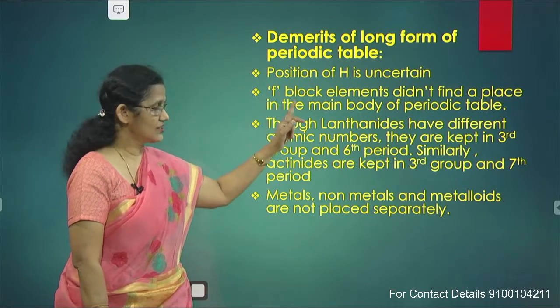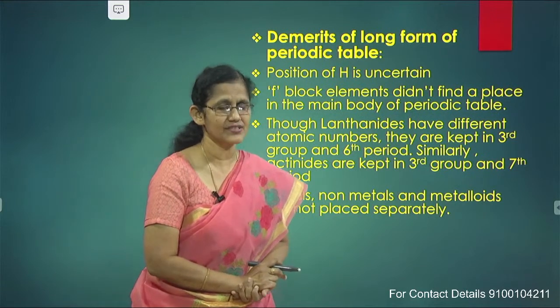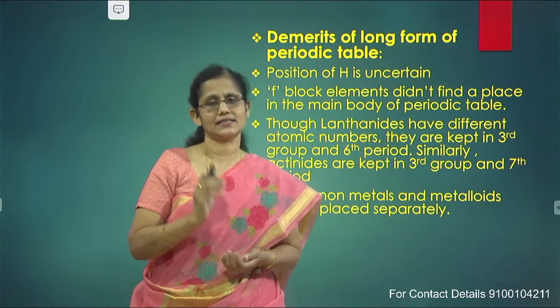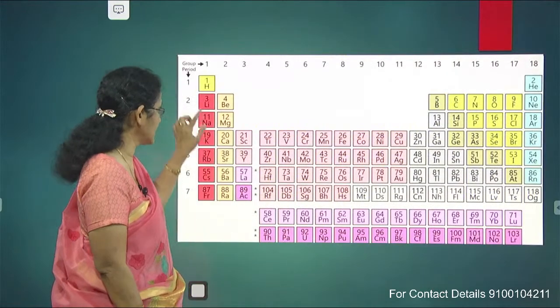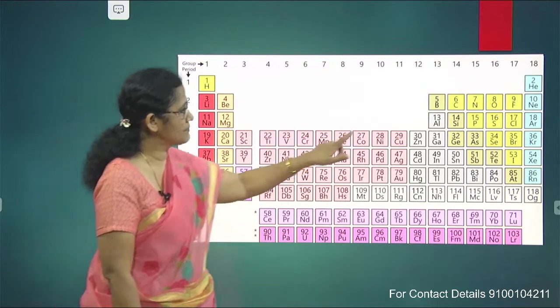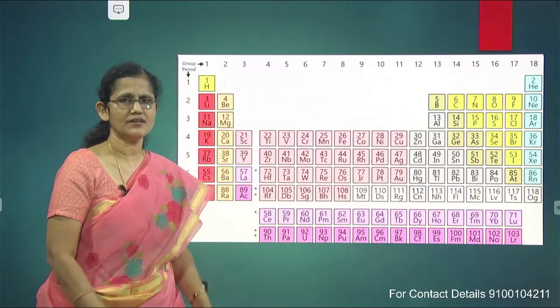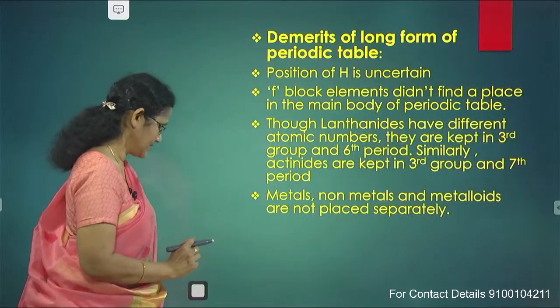The position of hydrogen is uncertain. As we discussed in Mendeleev's table also, the position of hydrogen is uncertain there. Hydrogen can be placed under first group elements, hydrogen can be placed under halogens, right. So the position of hydrogen here is uncertain.